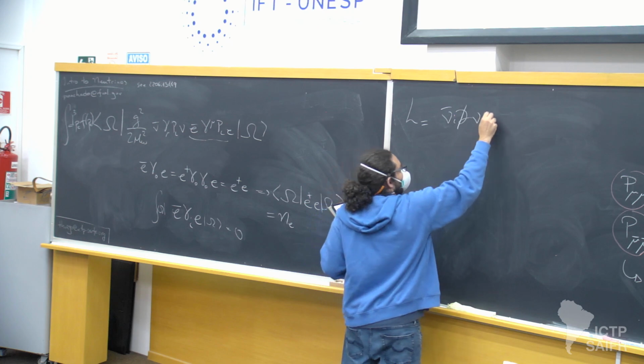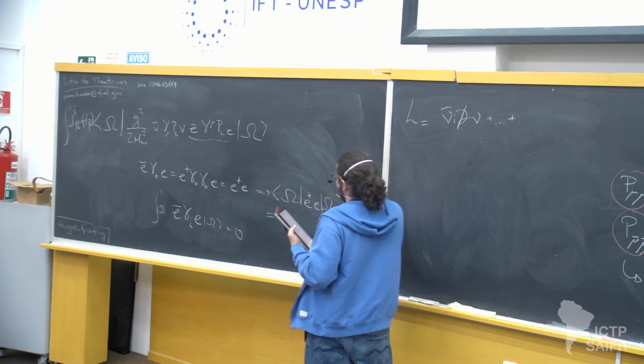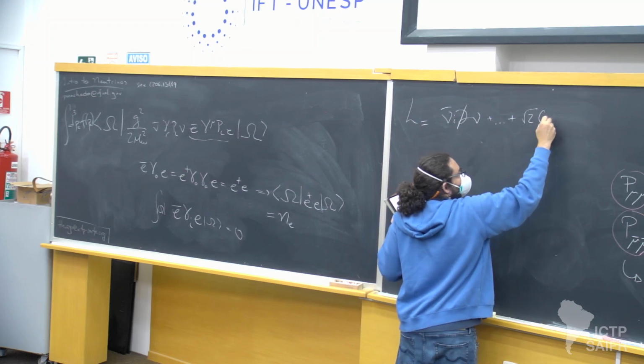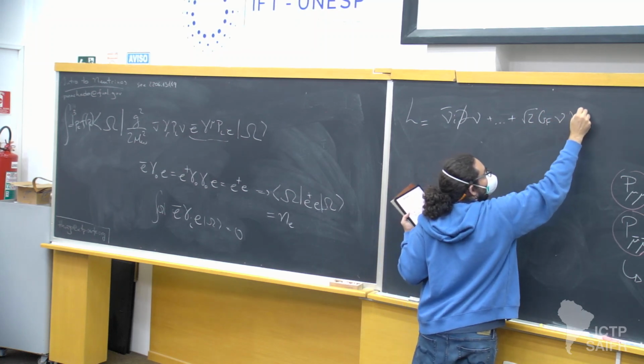But then there is a new term, dot dot dot, from this integral, which is something that goes like this: G Fermi, nu bar gamma 0 nu.